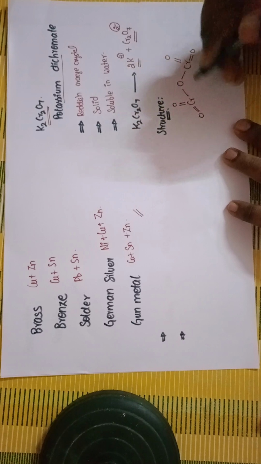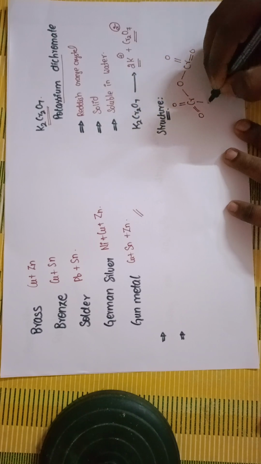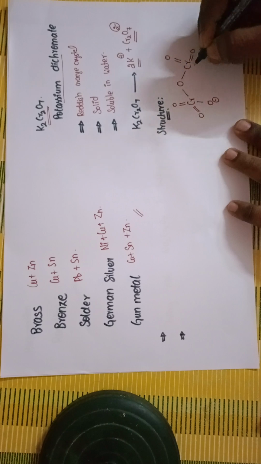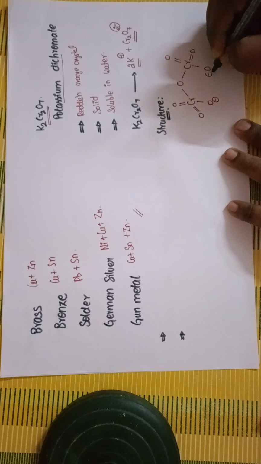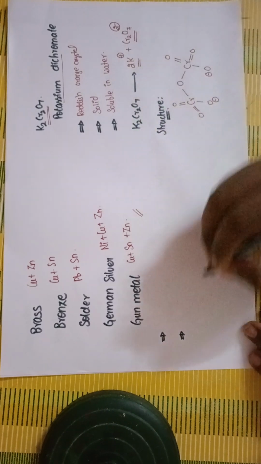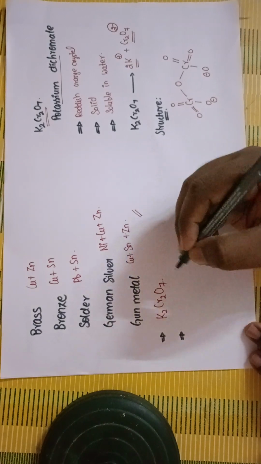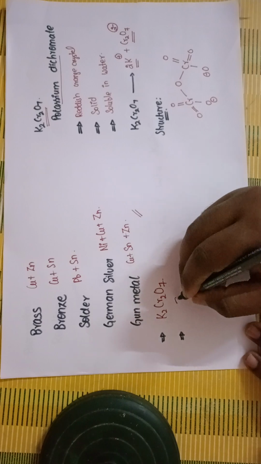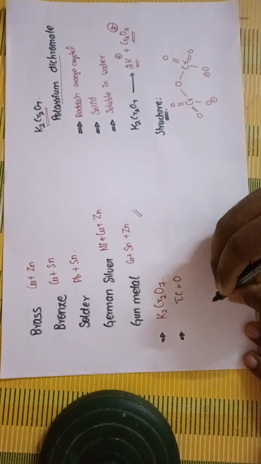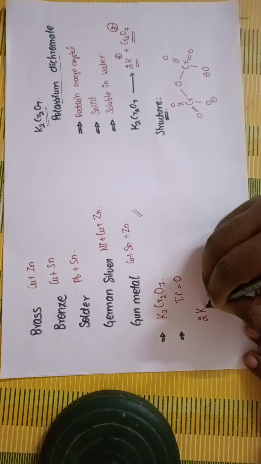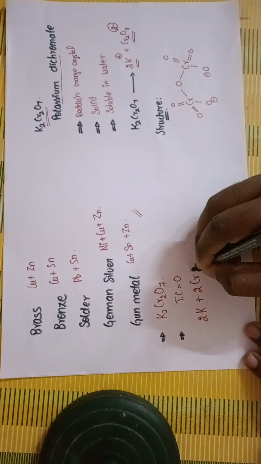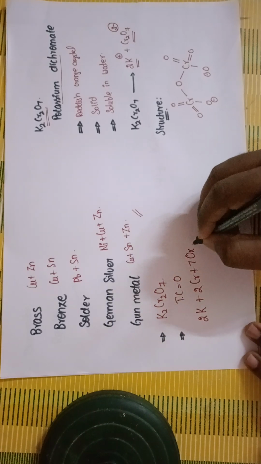To calculate the oxidation state of chromium, total charge is 0 because the compound is neutral, and we have 2 potassium, 2 chromium, 7 oxygen.